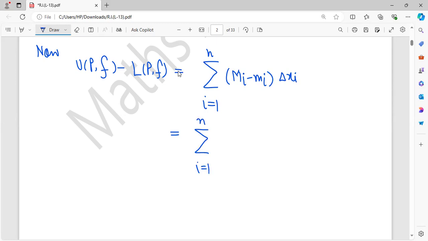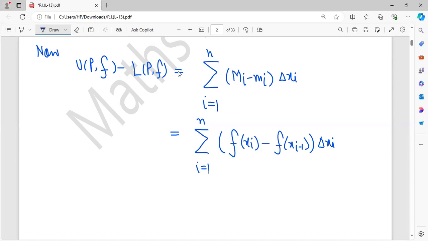Because f is monotonically increasing, capital Mi will be nothing but f(xi). And what will be small mi? This will be f(xi minus 1), because it is a monotonically increasing function. So once you have a greater value of x, you have a corresponding value of f greater than f(xi minus 1). So the infimum will be attained at xi minus 1 and the supremum will be attained at xi. Because the function is monotonically increasing.